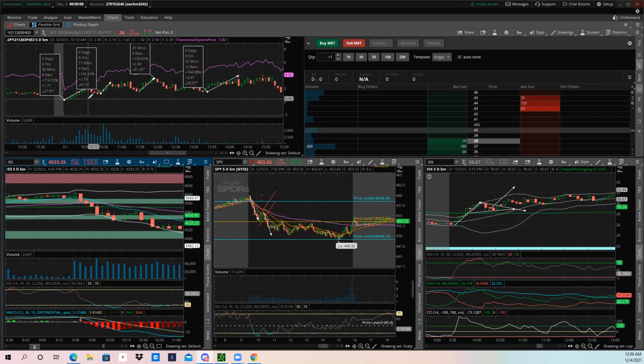If you had bought these puts at open and sold 36 minutes later, you could have had 700%. Right here, a 17-minute move, 142%. This is the move I caught earlier where I got 100%. I am in no way a perfect trader, but what I am is disciplined.